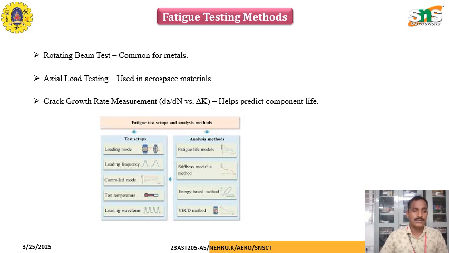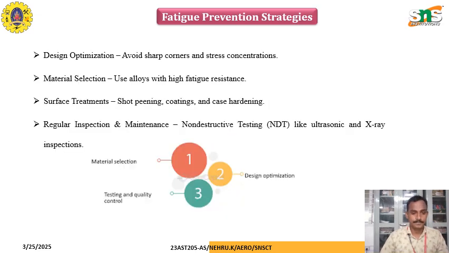Second, axial loading testing, used for aircraft materials to understand the fatigue properties of aerospace material. Third is crack growth rate measurement, that is da/dN versus delta K, which helps to predict the life of the component.